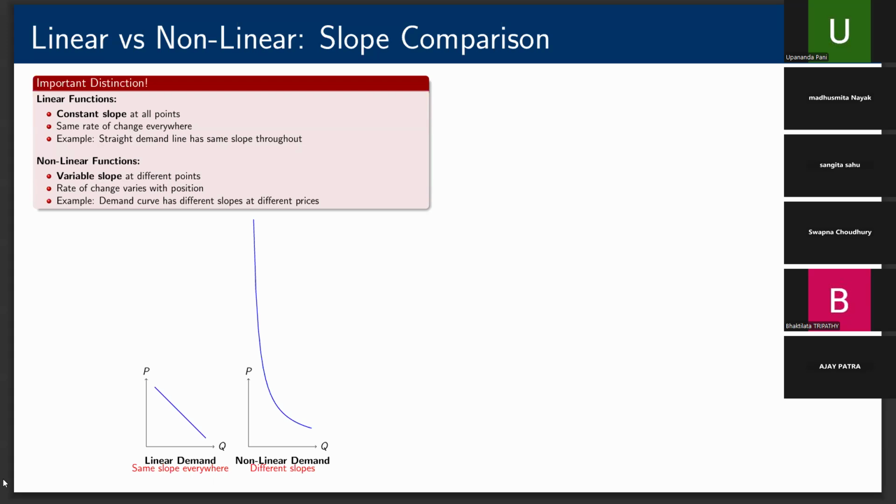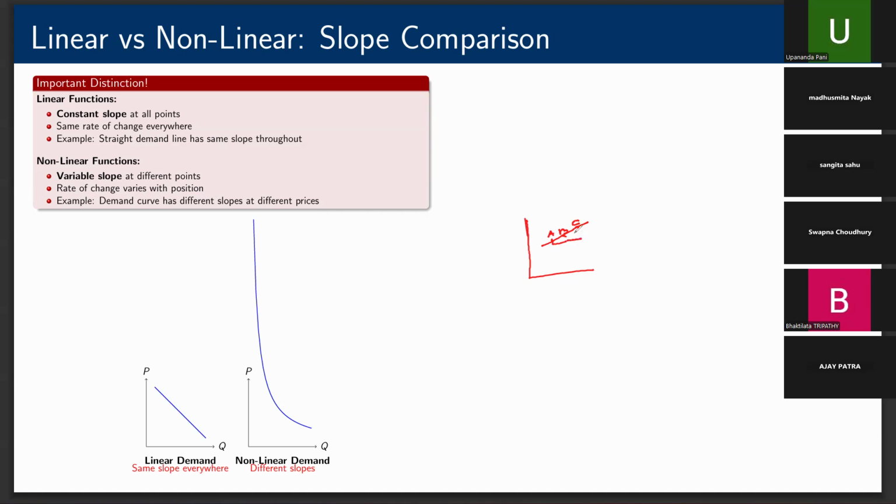For example, take this graph. Here, a straight line, if we move from point A to B, find out a slope. Similarly, move from B to C, find out a slope. From A to B, the x-axis increases by 1 unit. Similarly, from B to C, on the x-axis we increase by 1 unit.